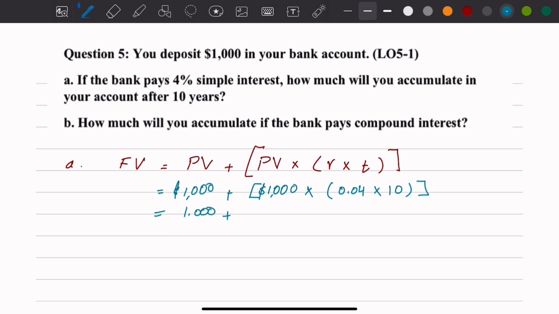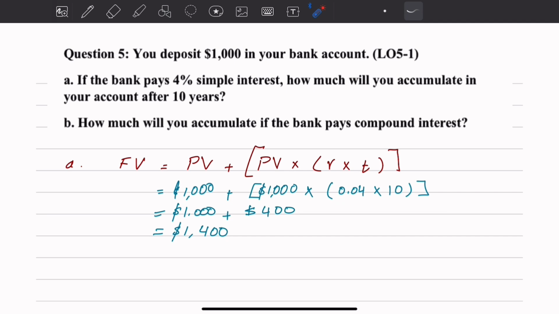Multiply that by 10, that will be 400. So I'm not going to use a calculator here. It's a simple calculation. And the future value based on the given scenario is going to be $1,400, meaning that if you invest $1,000 in this particular bank account that generates 4% in a simple interest, your investment or your deposit is going to grow to 1,400 within 10 years.